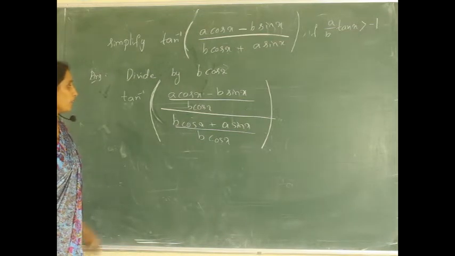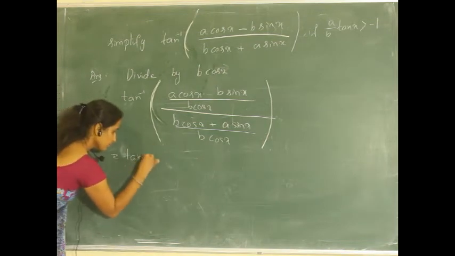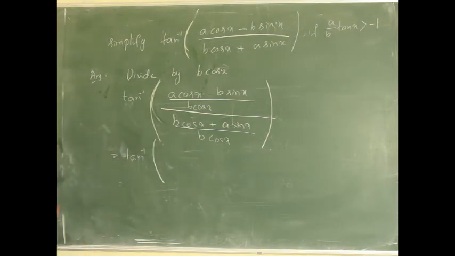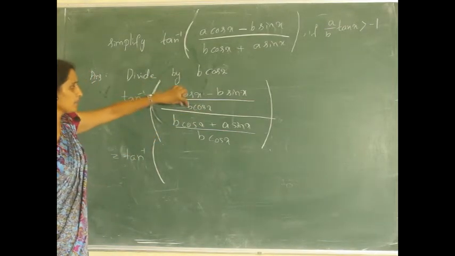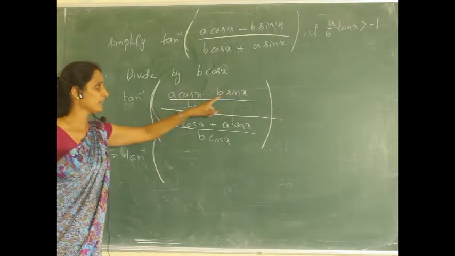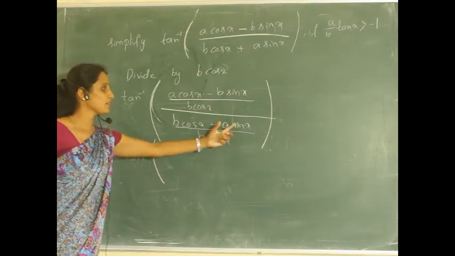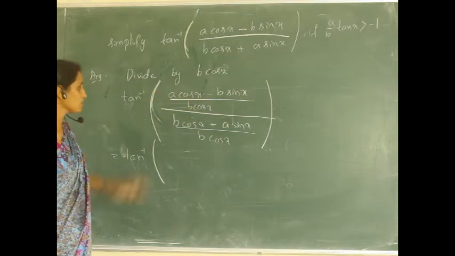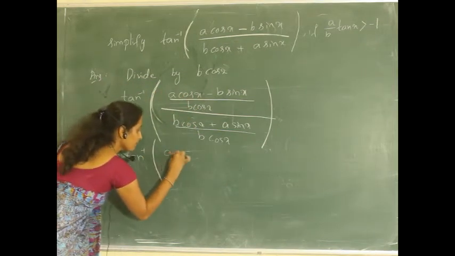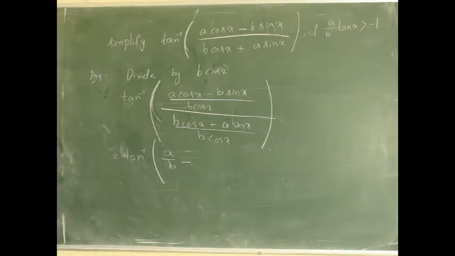So what do we get now? Dividing each term by B cos x, cos x by cos x can be cancelled, so we are left with A by B minus sin x by cos x.